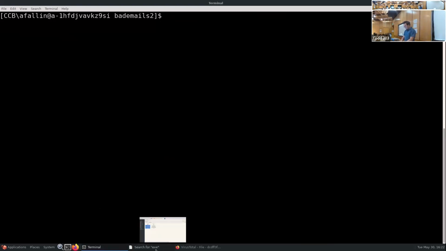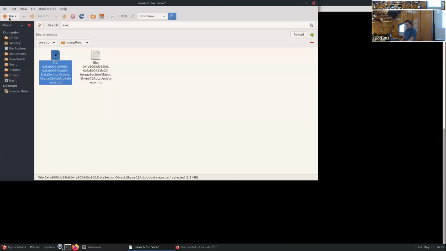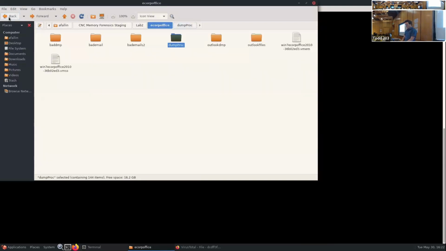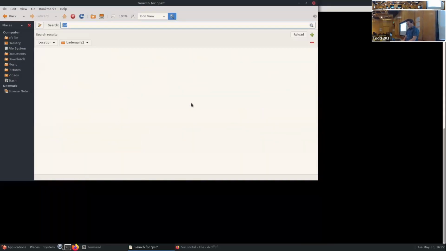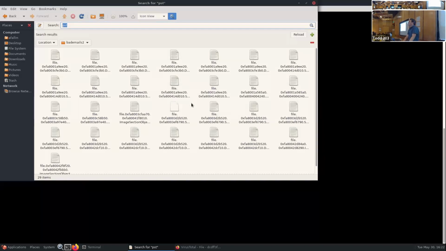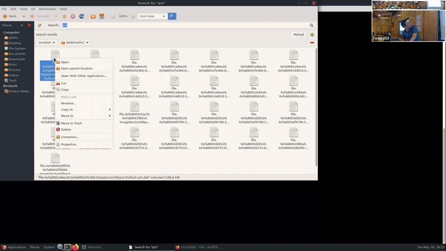We can make things a little easier on ourselves by going into the GUI, opening up bad emails 2, and doing a Control F for PST files. These are all the different PST files that we pulled out.